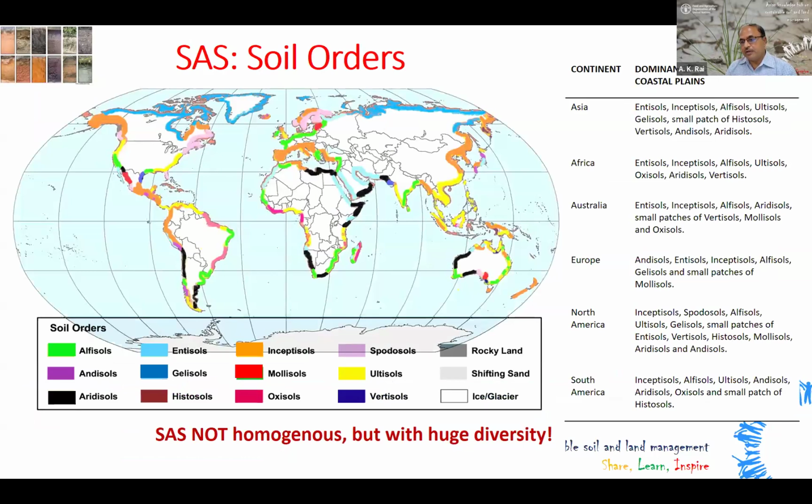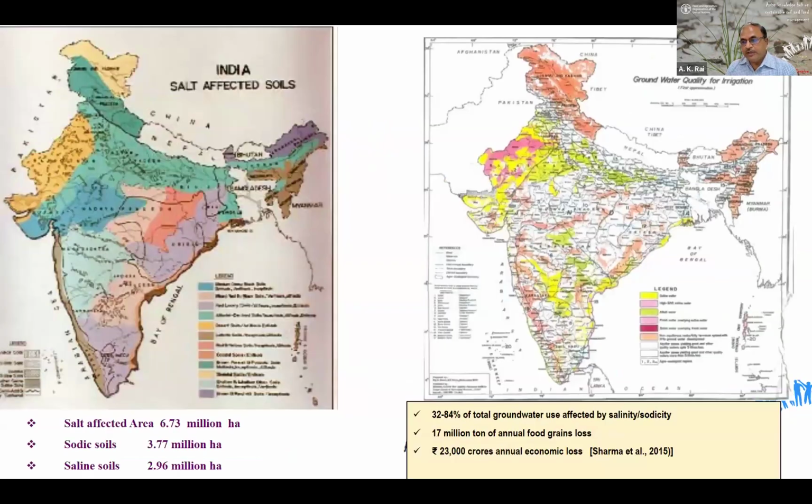If you see, these salt affected soils are distributed almost all over the globe and cover almost all soil orders, especially in the coastal region as well as the inland region, particularly in the Asian region, where both sizable inland as well as coastal areas are present. In India, Dr. Gajendra and Dr. Banyal have both covered that we have about 6.73 million hectares of land at present.